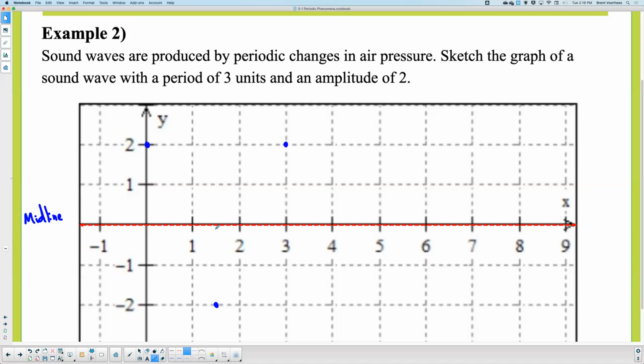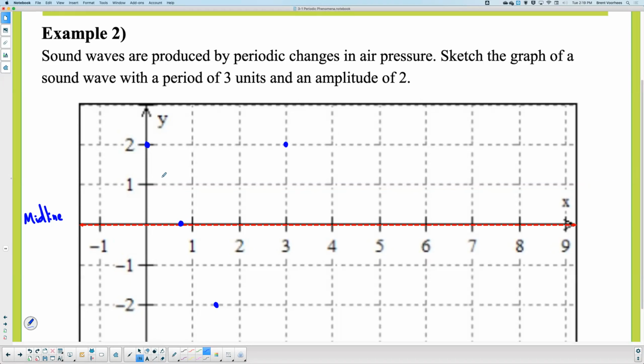Now, if this is at 1.5, where would I hit the x-axis? If that's at an x value of 0, and this is at an x value of 1.5, where should my 0 be? Not at 1, that wouldn't be in the middle. 0.75, that's what you're looking at.